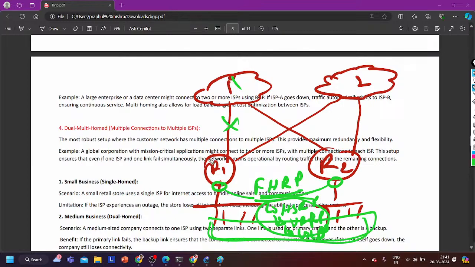So the routers themselves decide who will be the active default gateway. One will be active, one will be in standby, or we can perform load balancing, right? Maybe for VLAN 10 I can configure router 1 as active and router 2 as standby, but for VLAN 20 I can configure router 1 as standby and router 2 as active. So what is this? This is load balancing, right guys? Traffic distribution.